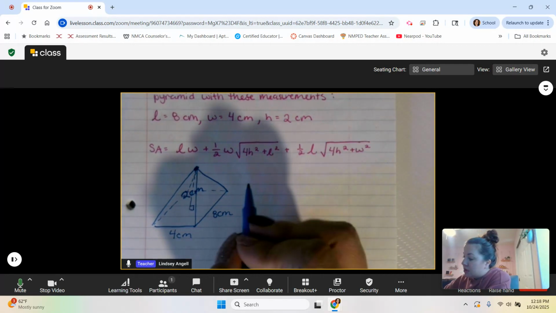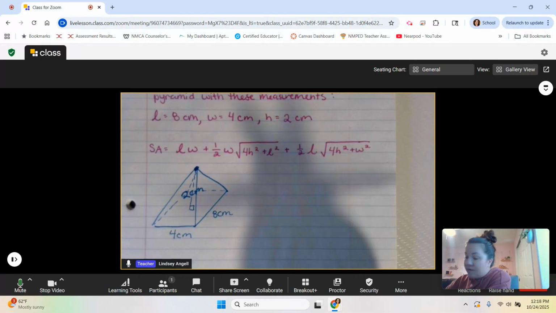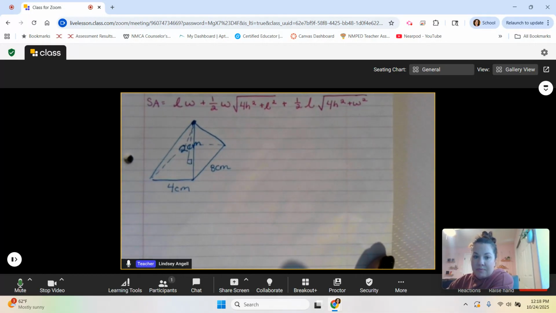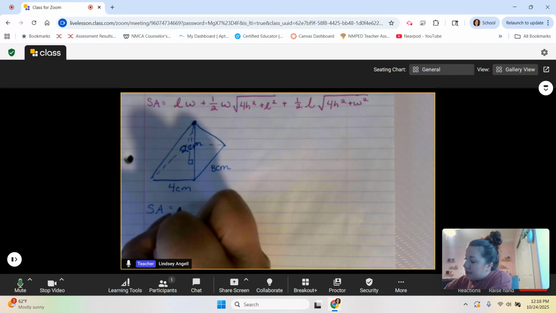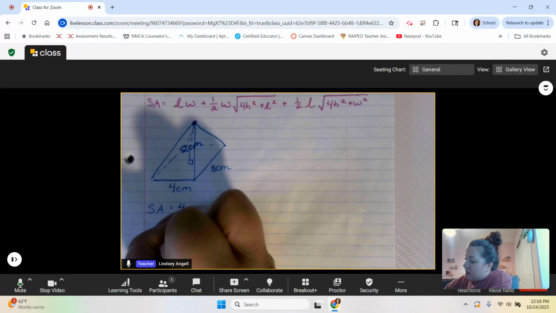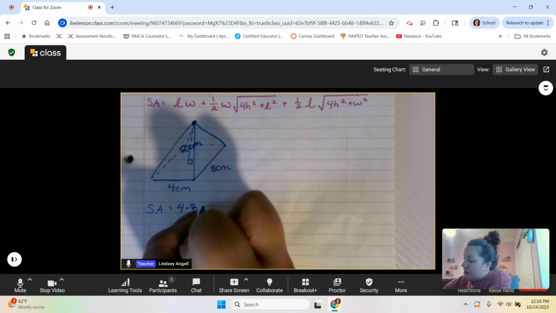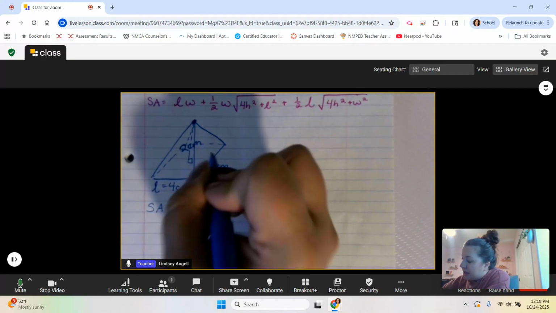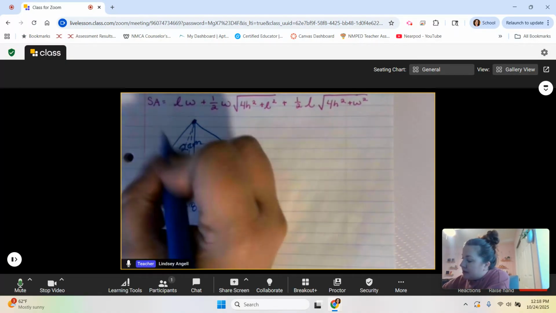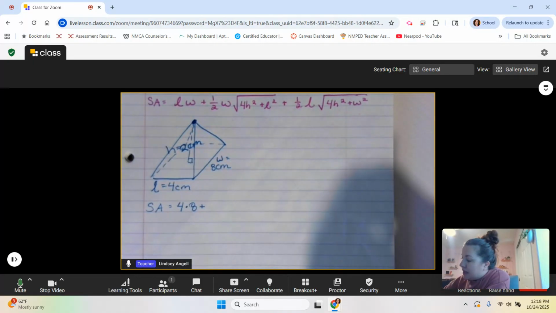Now, obviously, this is not to scale, but hopefully that at least gives you an idea. Then we go ahead and plug everything in. I'm going to come down here to do it, so I make sure that I have plenty of room. The surface area is equal to the length times the width, so that would be 4 times 8, plus, and I'm going to say that's my length, that's my width, and that's my height.